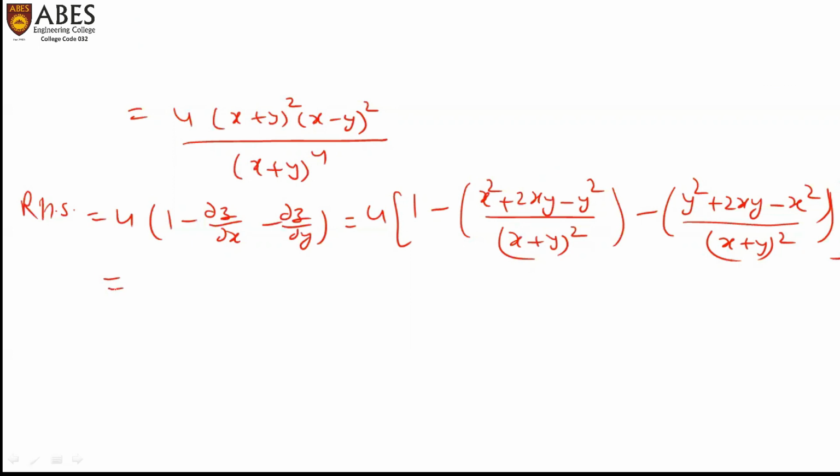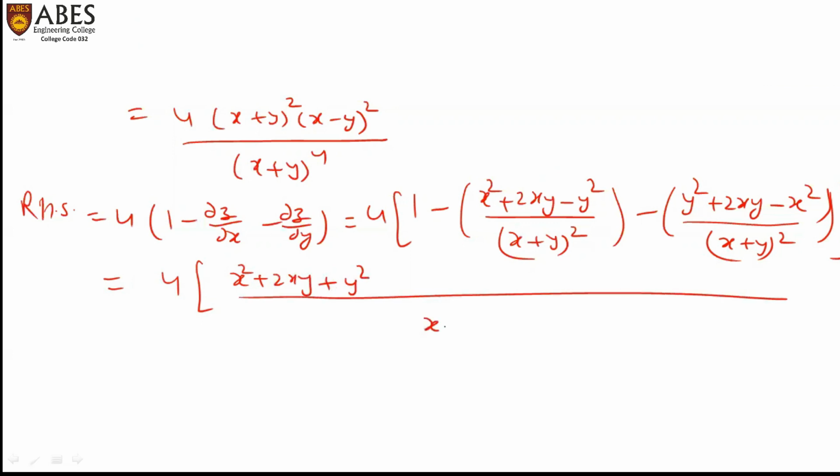So let us solve and check, is this the same as the left hand side? So it is 4. Just take the LCM. It will be x plus y whole square, and the whole square is x square plus 2xy plus y square, and in the denominator we have x plus y whole square. Correct. And just take this minus inside: minus x square minus 2xy and plus y square.